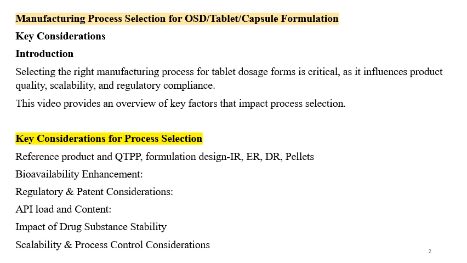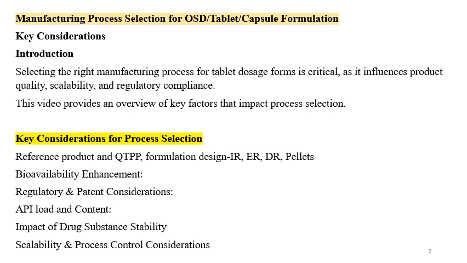The formulation may be with design of IR, ER, DR, pellets, MUPS formulation, or it may be the capsule formulation, tablet formulation, it may be the formulation for prescription or OTC, whatever it is. But the reference formulation will give you the clear idea.